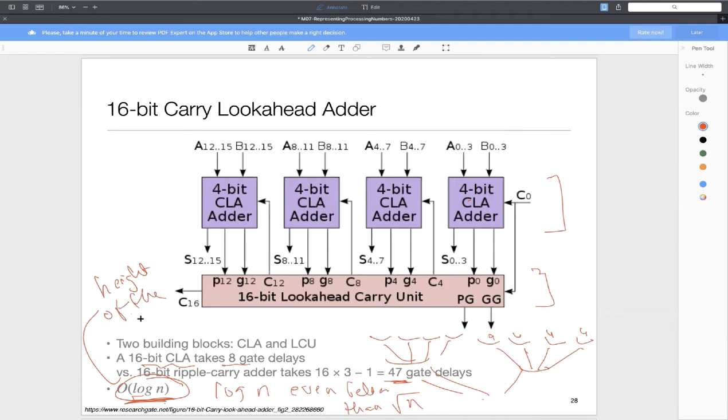So are we assuming that C0 always starts at 0, or is it based on what they give you in the table initially? I'm not sure I understand your question. In this 16-bit adder, C0 starts at time t equal to 0.